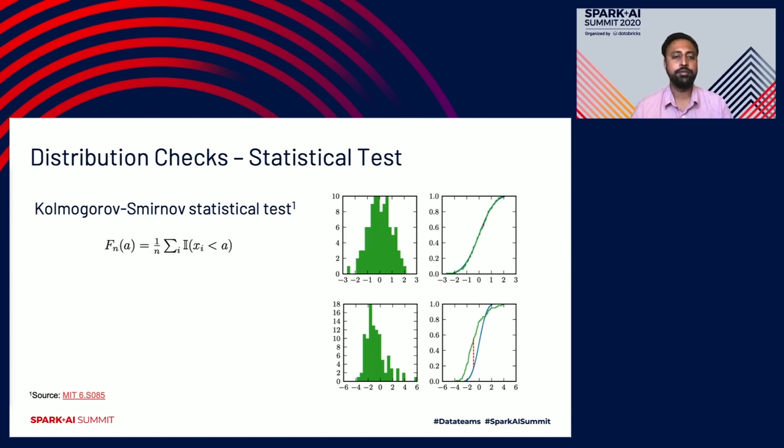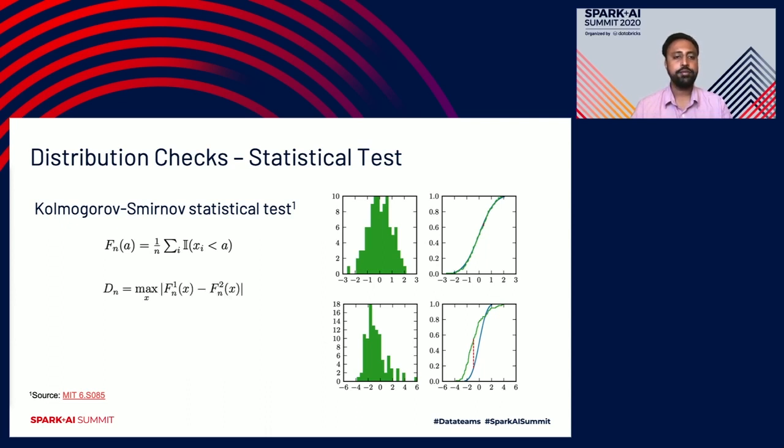The condition I'm referring to is whether x_i is less than a. Then you sum this across all of the different values of i, and average it by dividing by the number of data points, right? And that should give you the empirical CDF.